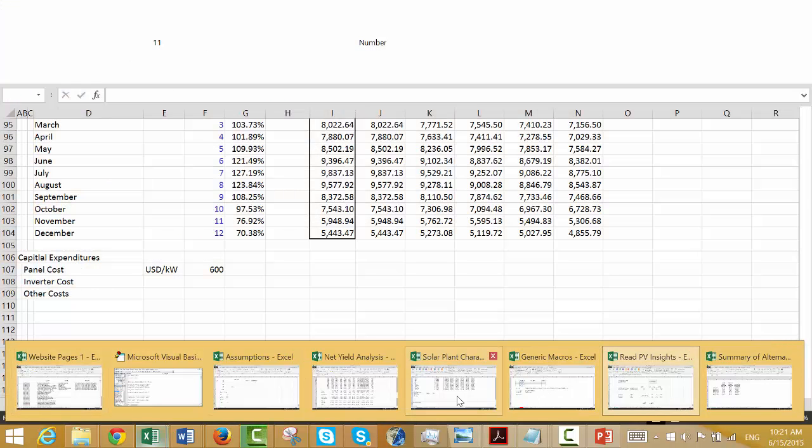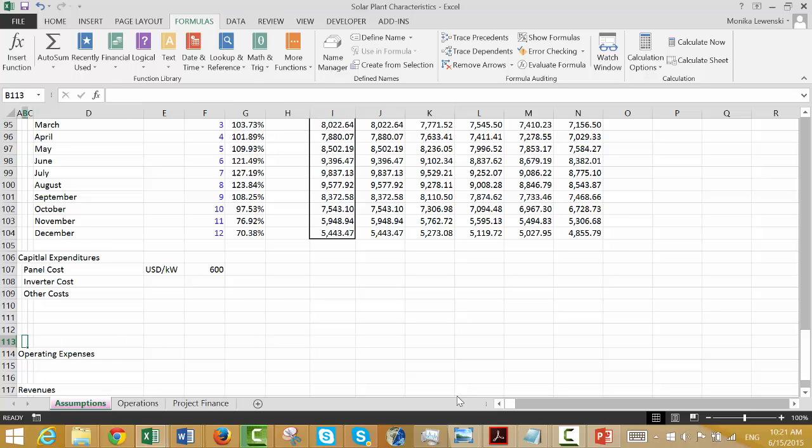So let's put this as 550, and then let's put the inverter cost. And I think somebody said that this is about 180 these days. And then they said the total other are about 60% of the total.